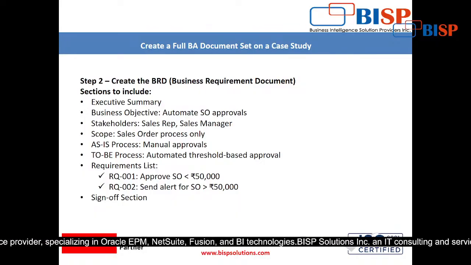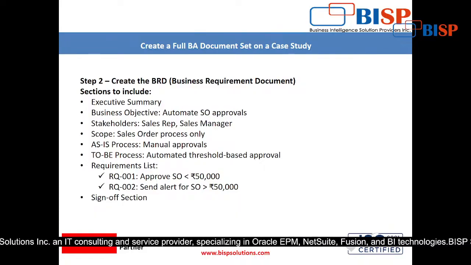Now, sections to include. First of all, you have to include the executive summary, right? I have explained to you what an executive summary is. Write two few lines about the client company, then who we are, and finally what exactly they want, why they want this type of facility, why they approached us, right?